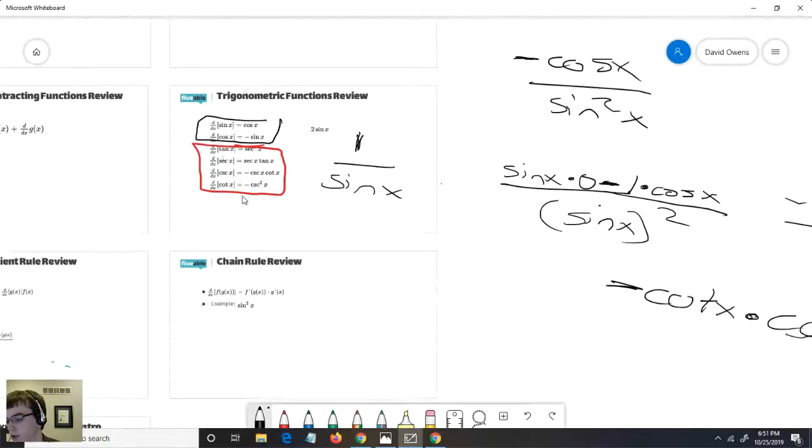And moving on to our final derivative for these trig functions, we have cotangent, which is of course equal to cosine x over sine x.